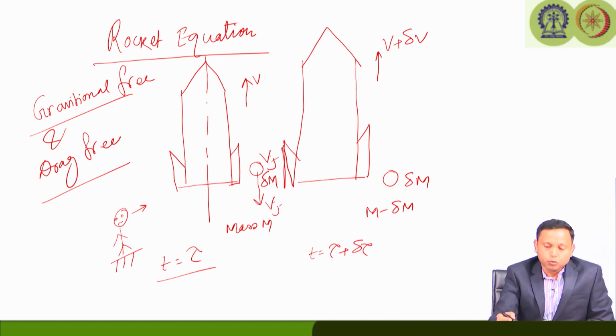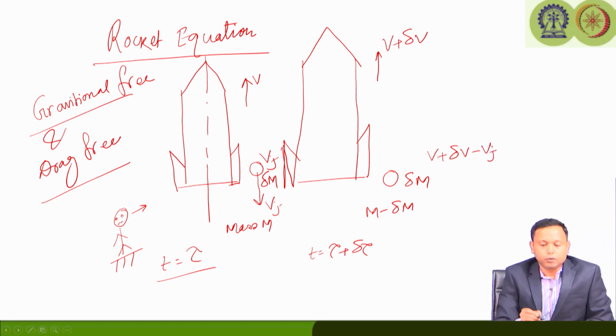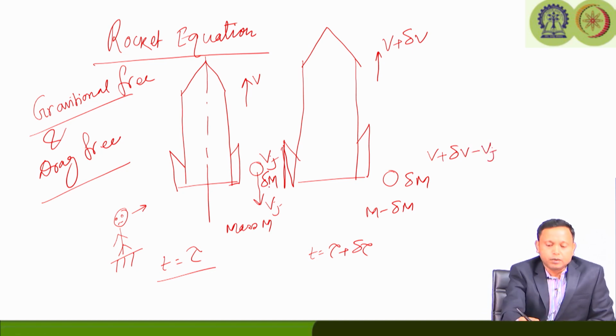Now, if we consider the velocity of the delta m with respect to the stationary observer, it is going to be v plus delta v minus v j, because the velocity of the ejected mass delta m is v j with respect to the vehicle, and we are now considering the inertial frame of reference, the stationary observer.